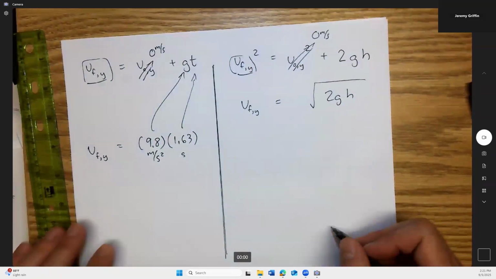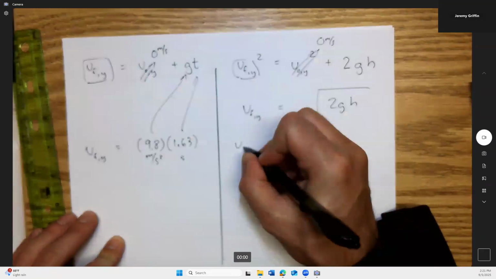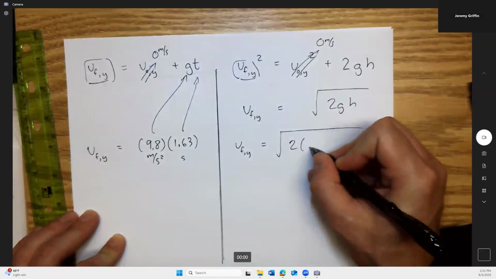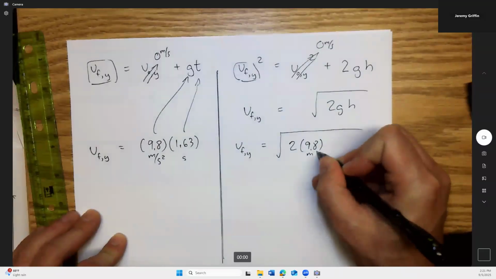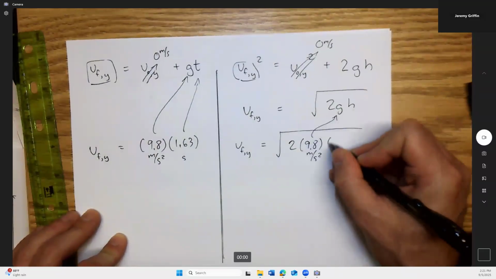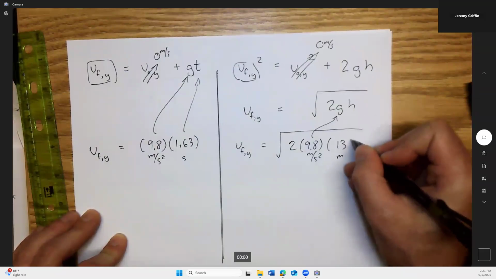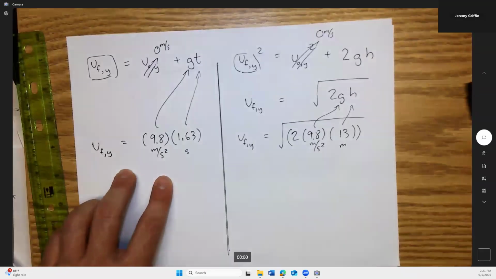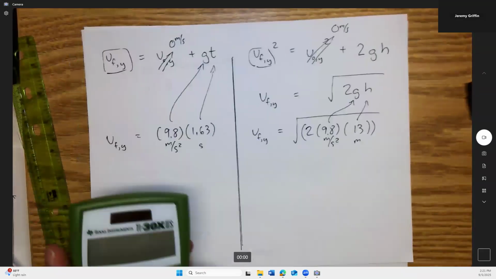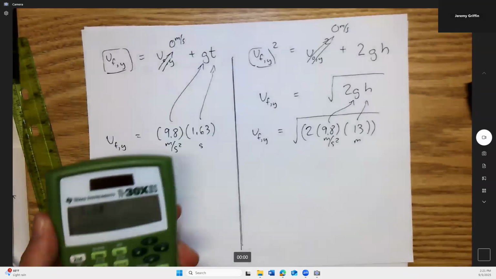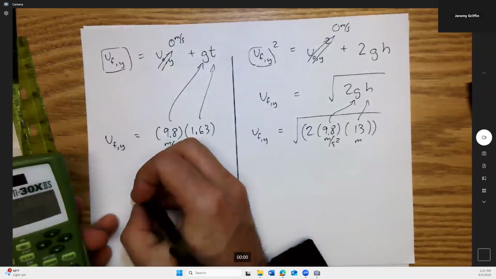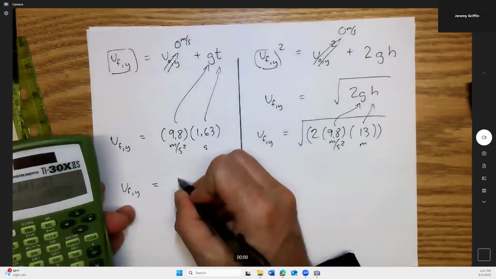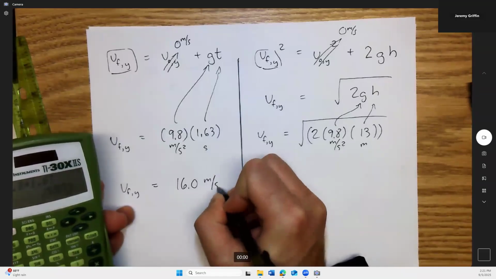Or alternatively, in terms of cliff height, it should be the square root of 2 times gravity, 9.8 meters per second squared, and my cliff height was 13 meters. Do they have to be the same thing? We're gonna put physics to the test. 9.8 times 1.63, so VFY equals 15.97. I'm going to round that to 16.0 meters per second.